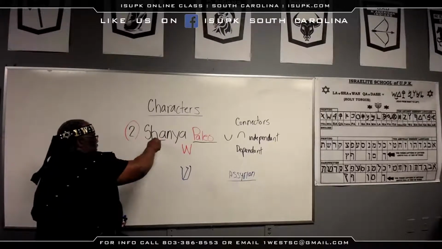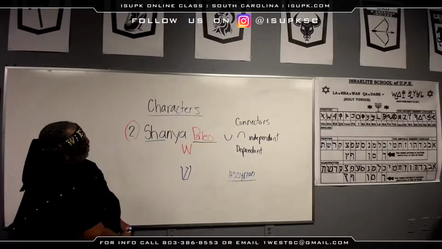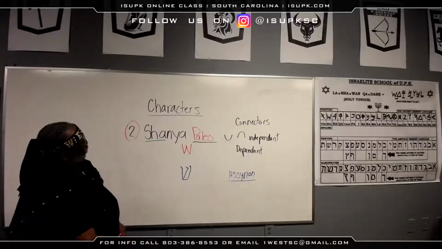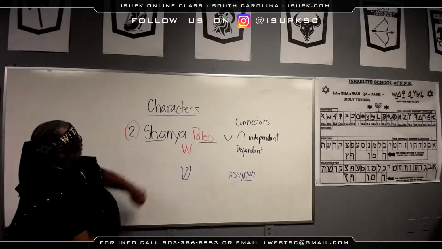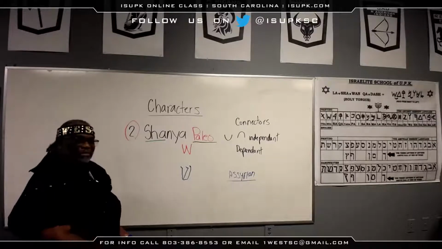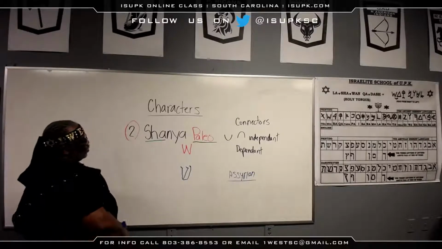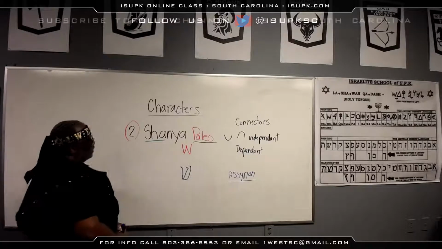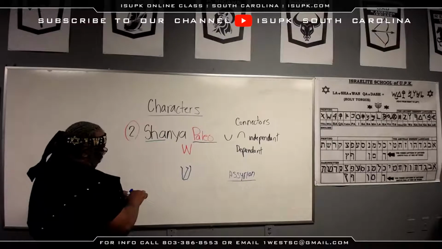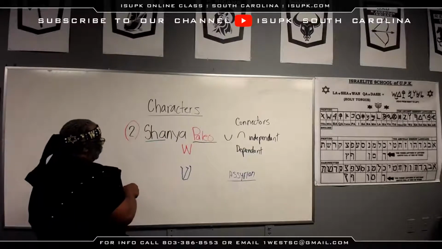Then we have another character over here. It's the Na. We dropped the A, because if you didn't, you'd have a word called Shanaya, which is another word. So we have to drop the A over here.